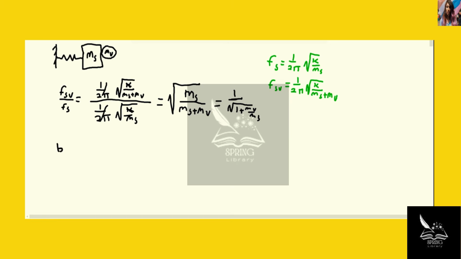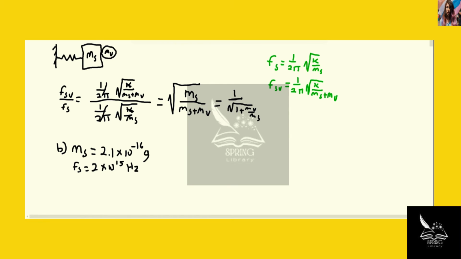If we look at part B, it asks us to do some calculating with this particular formula. So part B, we have the mass of the silicone shard is going to be equal to 2.1 times 10 to the negative 16th grams. So this is a very, very small piece of silicone. The frequency that it vibrates at without the virus is going to be equal to 2 times 10 to the 15th hertz.